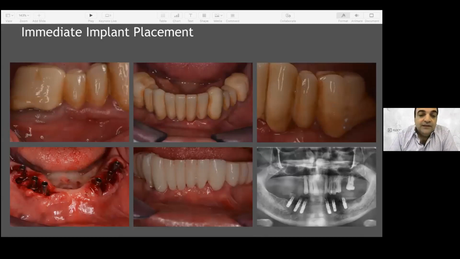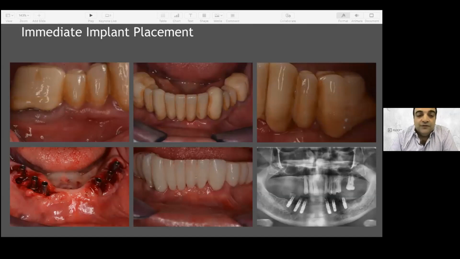So we did the extraction, we immediately placed our implants, we did the graft, and we did our temporary bridge immediately after implant placement. The patient didn't want to go out of our clinic without any teeth.